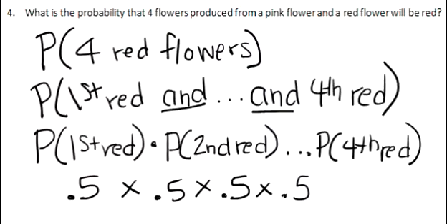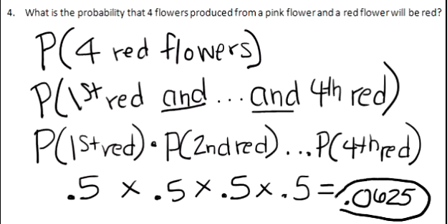And finally, the probability that the fourth one is red is also 0.5. Multiplying 0.5 times 0.5 times 0.5 times 0.5 gives us a solution of 0.0625. So the probability that a red and a pink flower will produce 4 red flowers is 0.0625, or 6.25%.